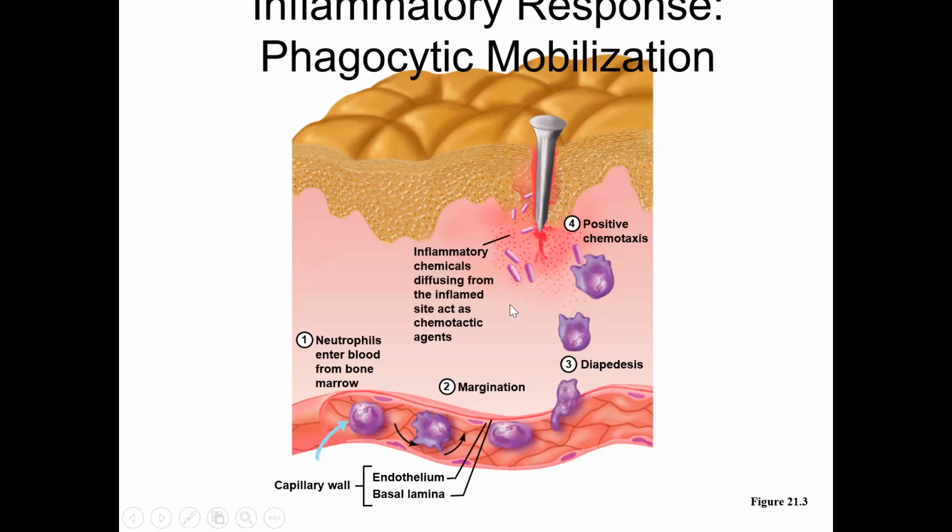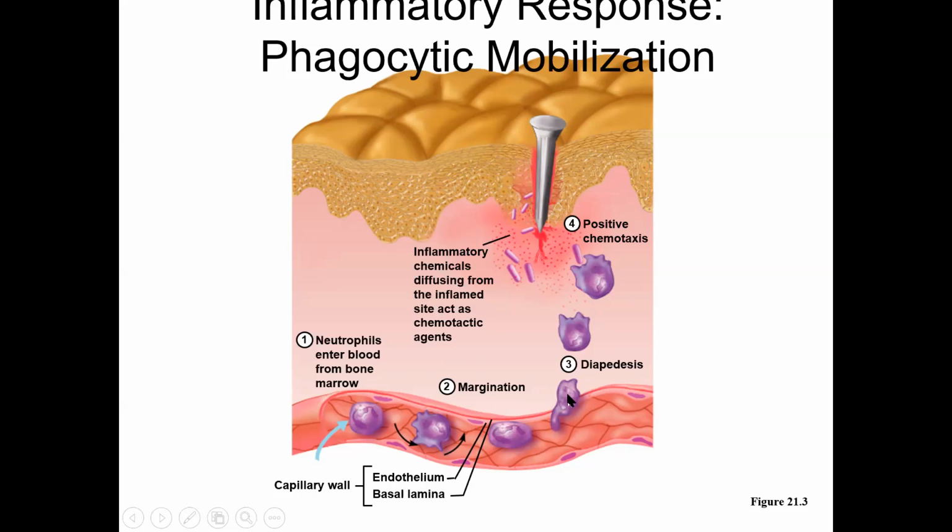Once you have the chemicals released from the damaged tissue, they will trigger the neutrophils and other phagocytes to come to this damaged site. The neutrophils and other phagocytes like macrophages travel in the blood capillaries, then get attached to the wall of the capillaries, and then they can sneak out.